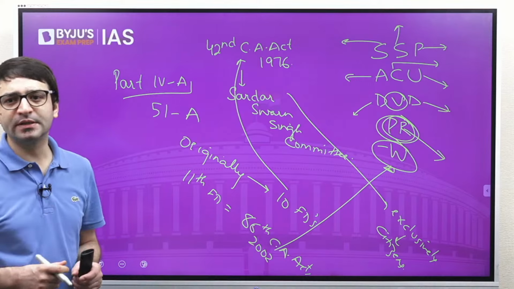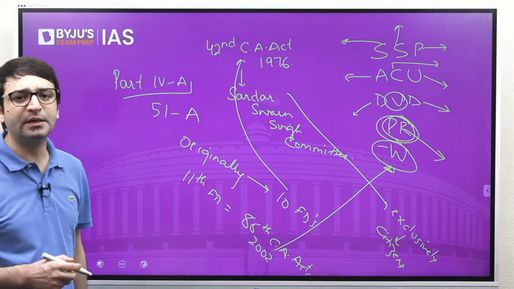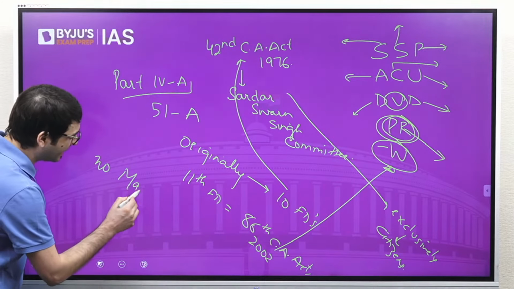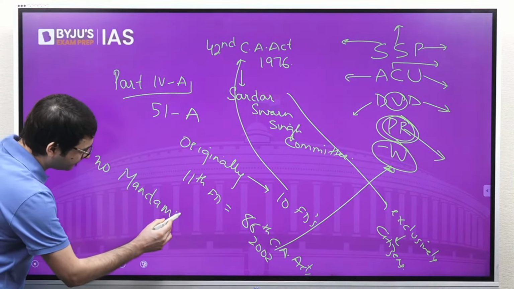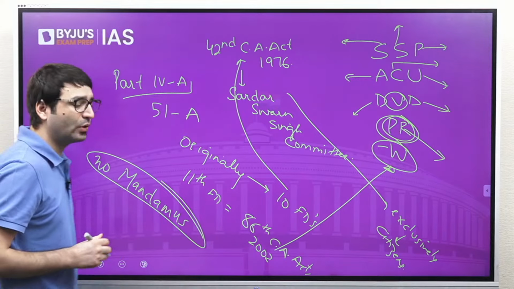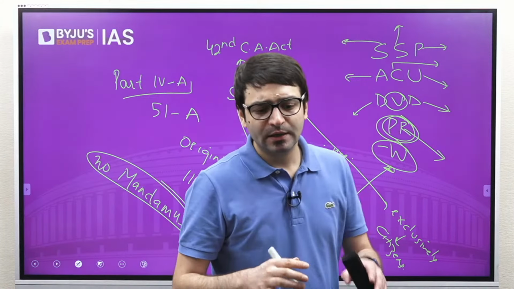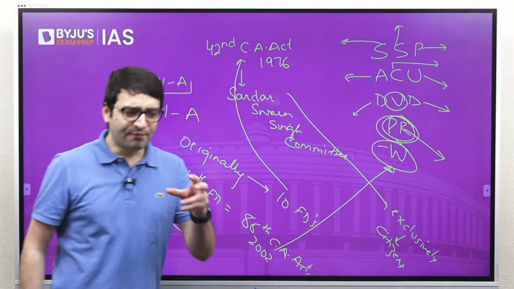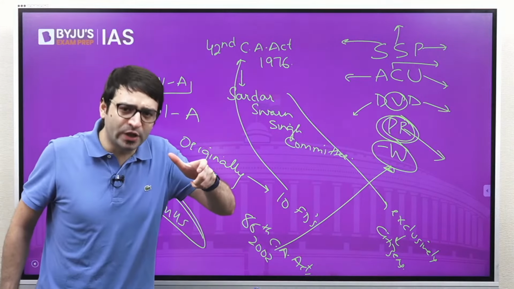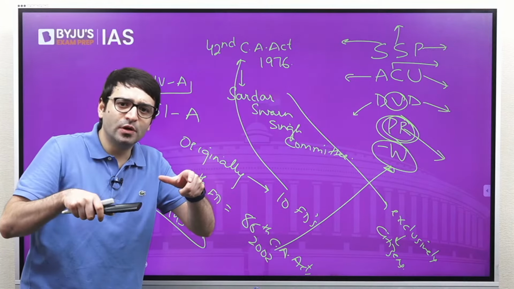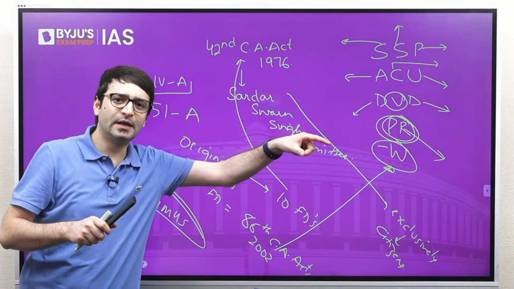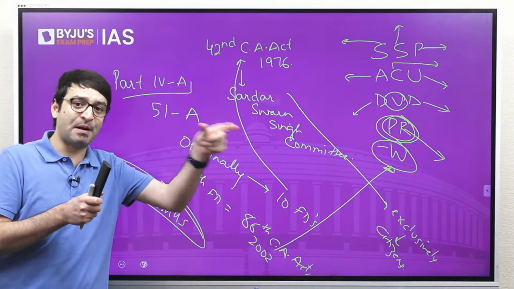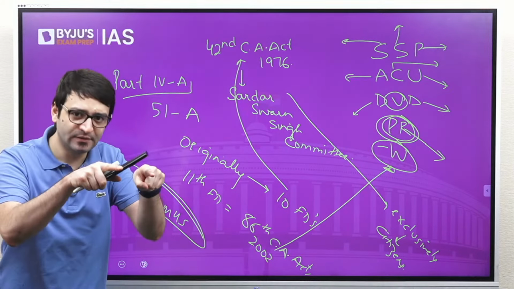But one more important thing, for these fundamental duties, there can be no mandamus. What does it mean, no mandamus? Under Article 32 of the Constitution, if a public authority is not performing its duty, what you can do, you can approach the Supreme Court and ask the Supreme Court for a writ of mandamus. Because somebody, a public authority, is not doing its duty.